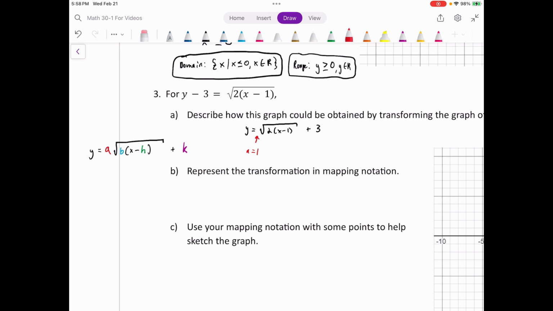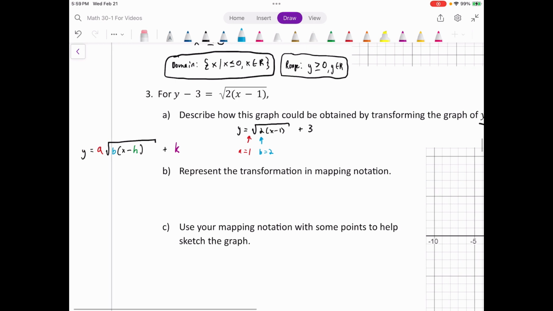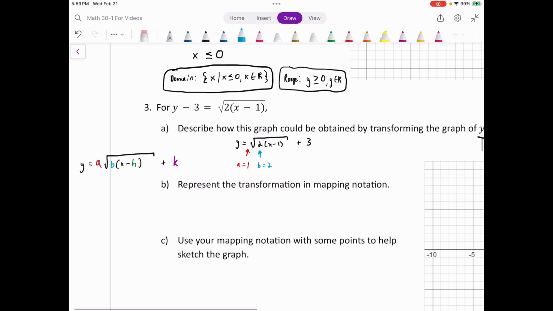So what's that going to do? It's going to multiply every y value by 1. In other words, it's not going to change it. In other words, there's no vertical stretch or reflection. What about b? I do see a b. Looks like b is 2. So we'll keep that in mind when it comes time to describe the transformations. What about h? Compare. Looks like h is positive 1, right?